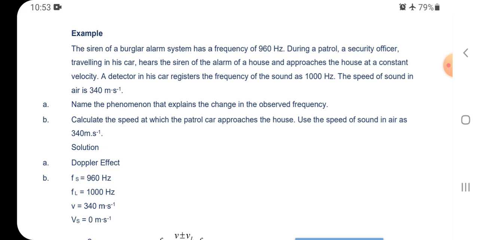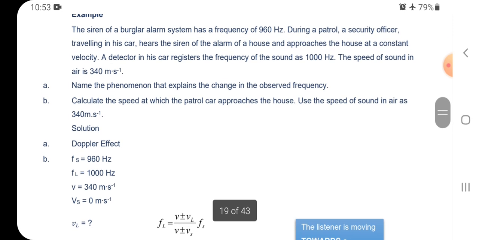Question A says, name the phenomenon that explains the change in the observed frequency. So that is the Doppler effect. And then B says, calculate the speed at which the patrol car approaches the house. So that is the speed of the listener. That's what we are looking for.